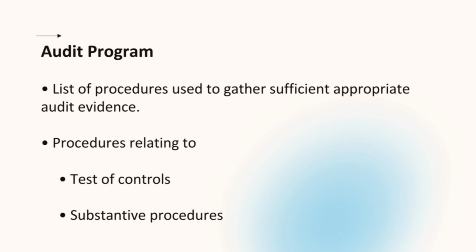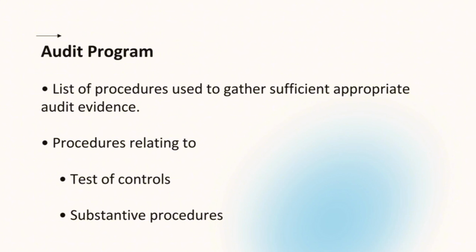Strong internal controls reduce the risk of material misstatement, allowing auditors to rely on them and potentially reduce the amount of substantive testing needed. Substantive procedures directly test the assertions in the financial statements. They aim to gather evidence about the accuracy, completeness, and validity of financial information.